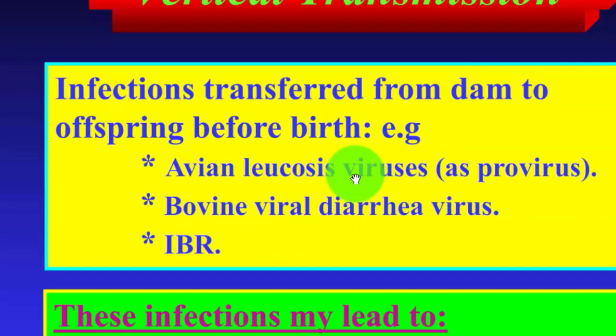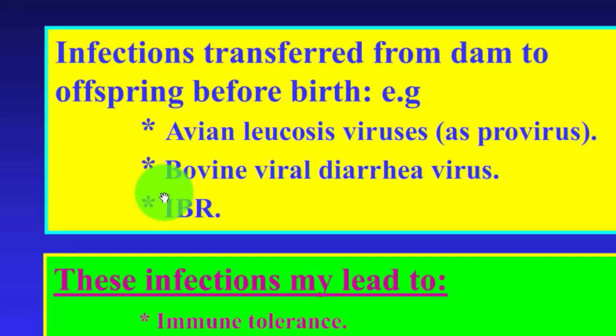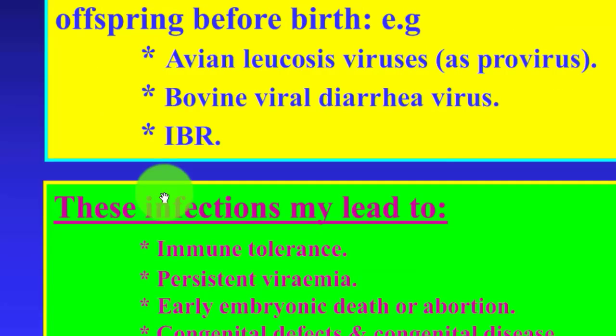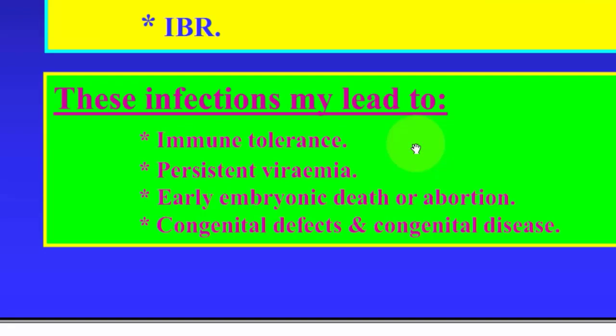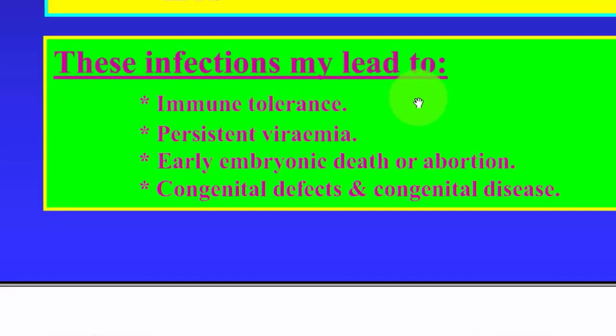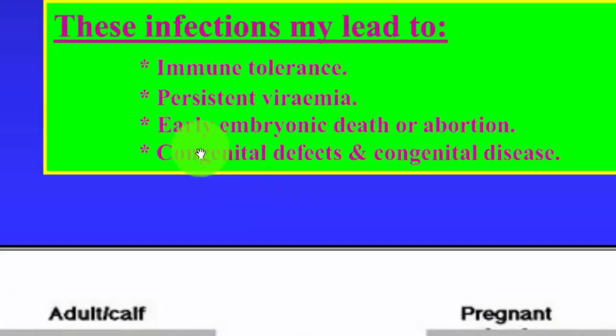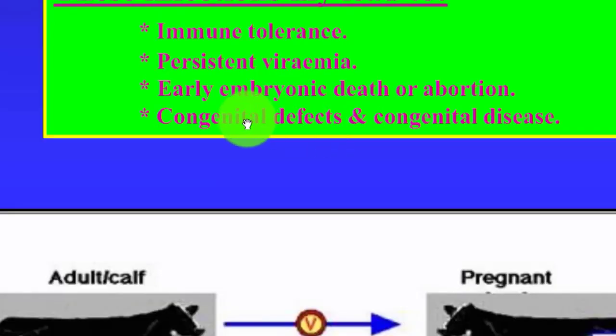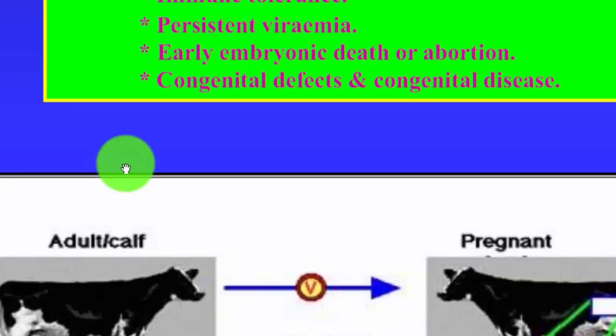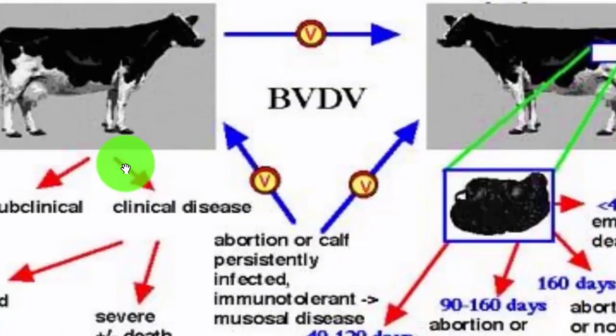Vertical transmission: infections transferred from dam to offspring before birth, such as avian leukosis virus, bovine viral diarrhea. These infections may lead to immune tolerance, persistent viremia, early embryonic death or abortion, congenital defects, congenital diseases.